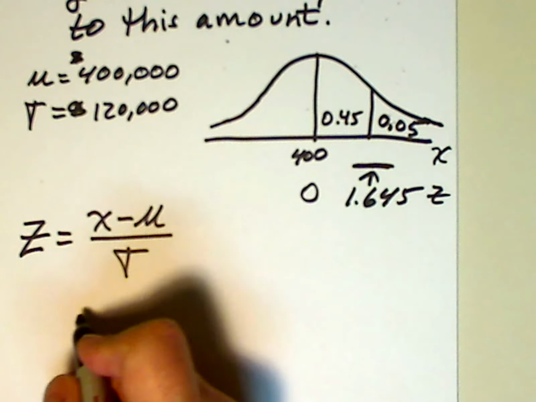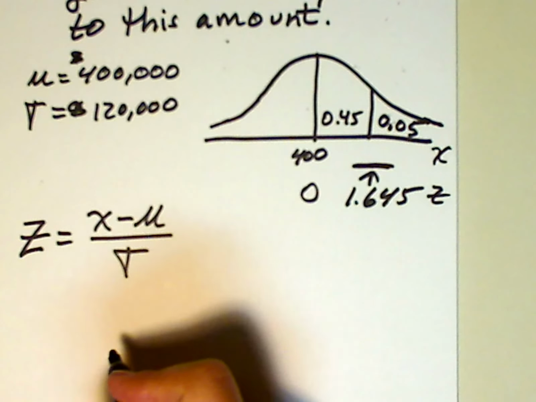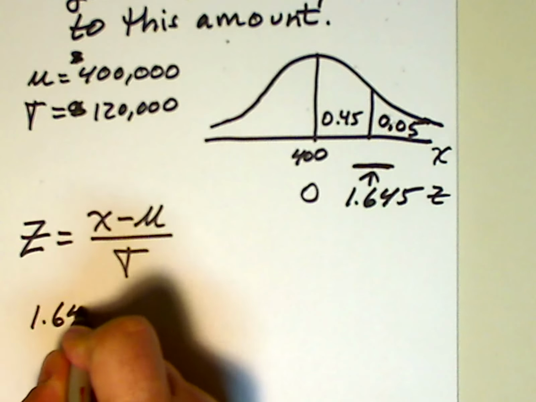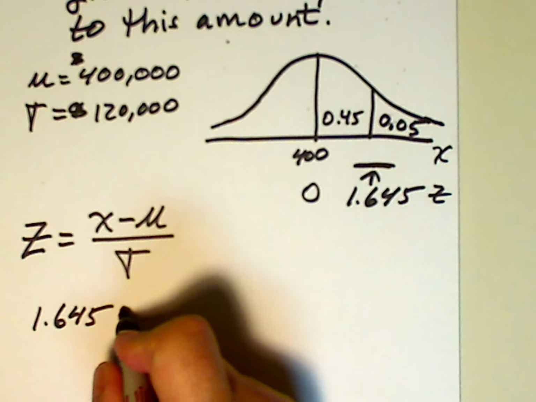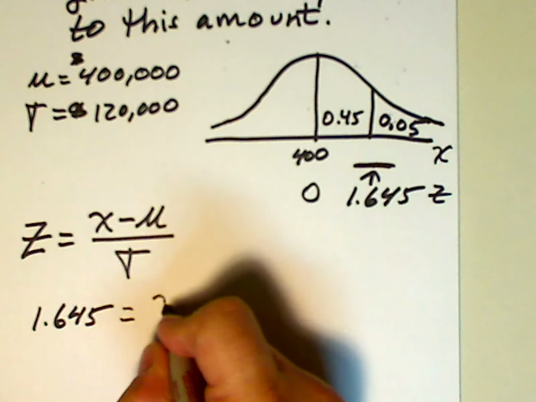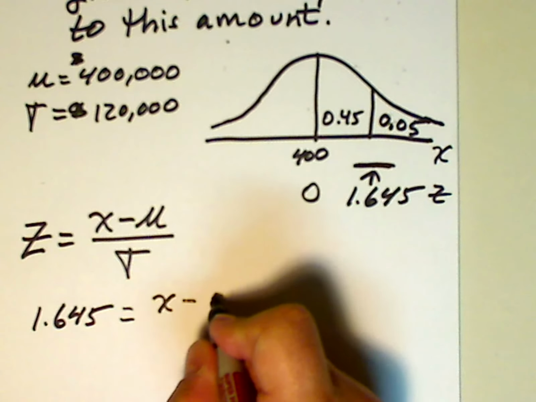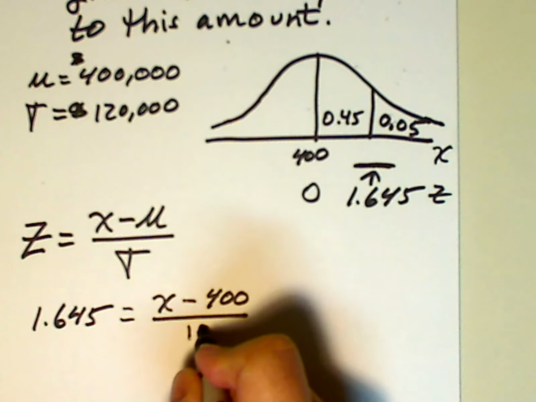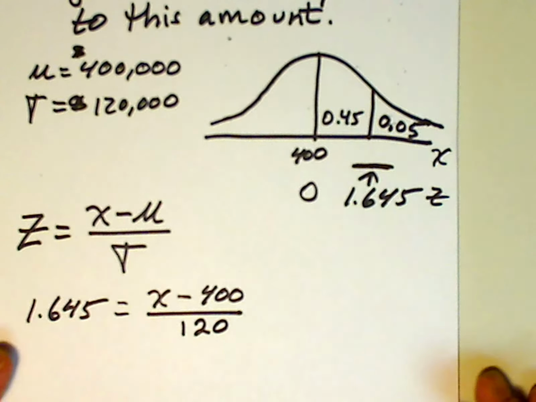So we know that the z associated with a cutoff point of 0.05 is 1.645, and that's equal to x, which we don't know, that's the point we're finding, minus mu, which is $400,000, divided by sigma, which is 120,000.